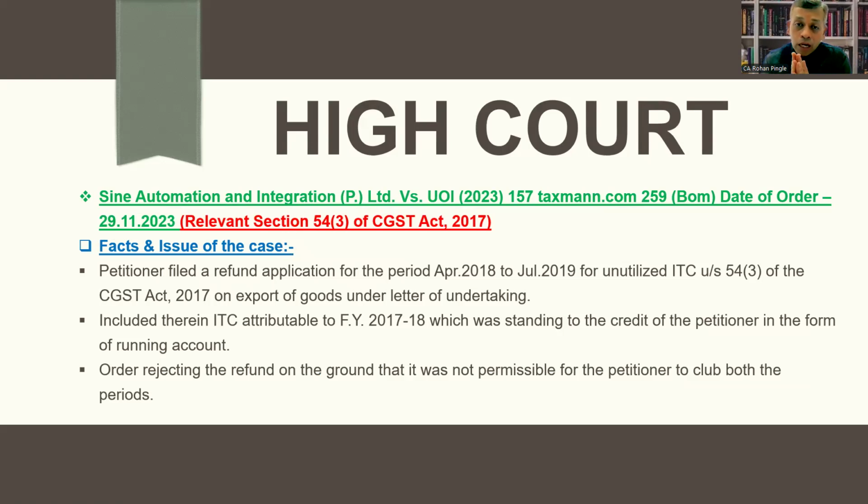Petitioner filed refund application for the period April 2018 to July 2019 for unutilized ITC under section 54 subsection 3 of the CGST Act 2017 on export of goods under letter of undertaking.